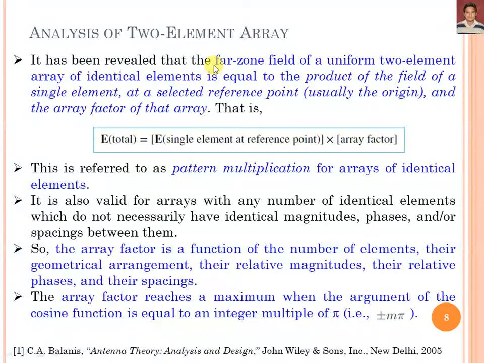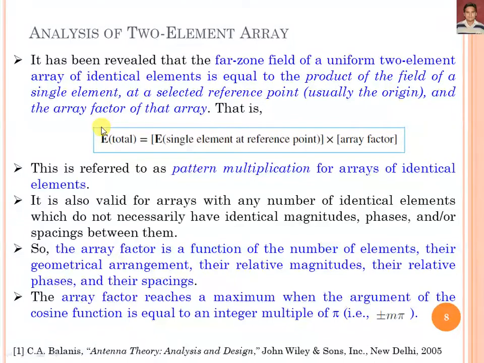It has been revealed that the far zone field of a uniform two element array of identical elements is equal to the product of the field of the single element at a selected reference point, usually the origin, and the array factor. So we can say E total equals the electric field due to the single element at the reference point, here the origin, times the array factor. So this is the basic concept of analysis of arrays.